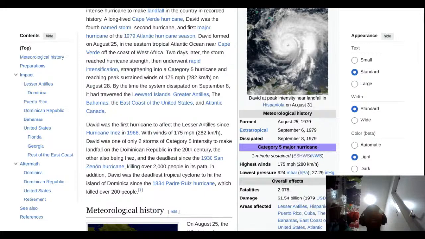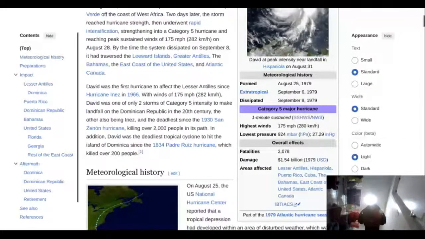It caused 2,078 fatalities. That is a lot. And that was a part of the 1979 Atlantic hurricane season.